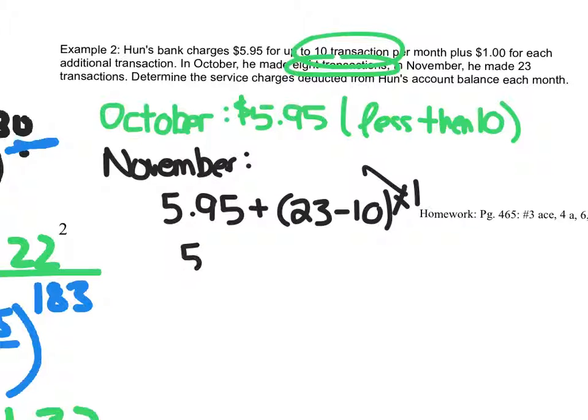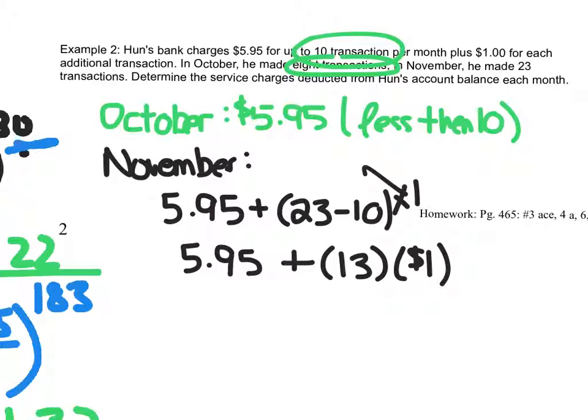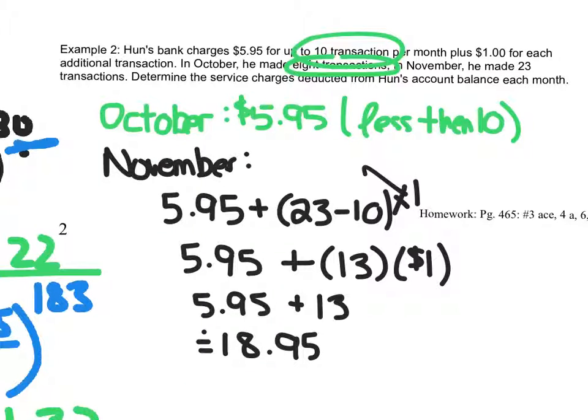So what you get is $5.95 plus 13, and those 13 are multiplied by the price of $1. So we find out it's $5.95 plus $13. So in the month of November, he actually paid $18.95 because he went over his transaction allowance.